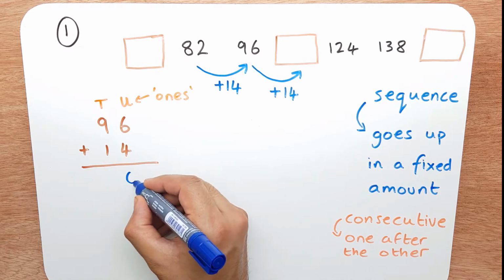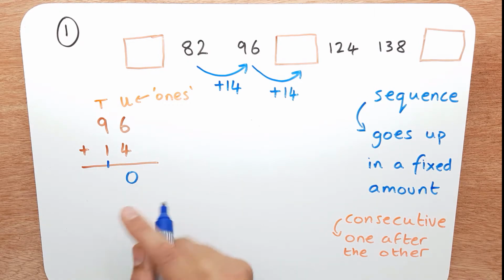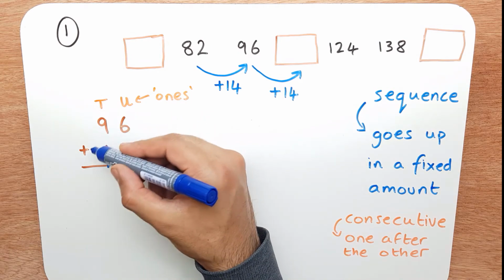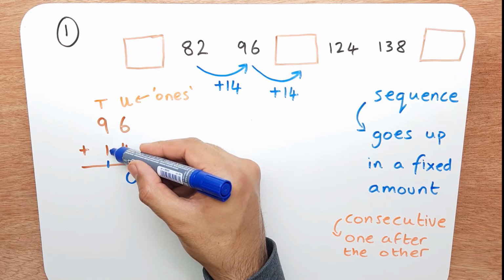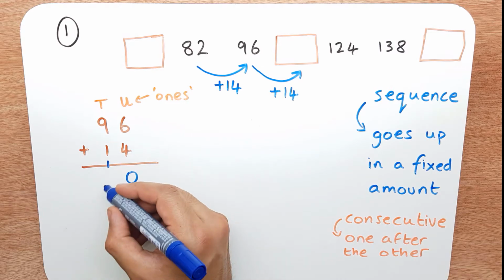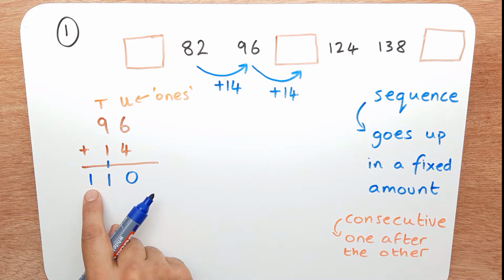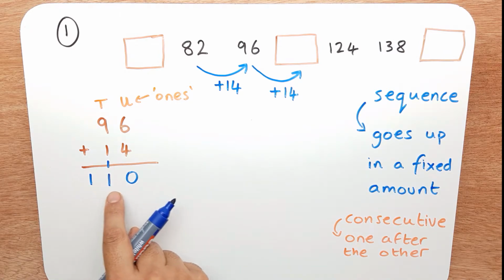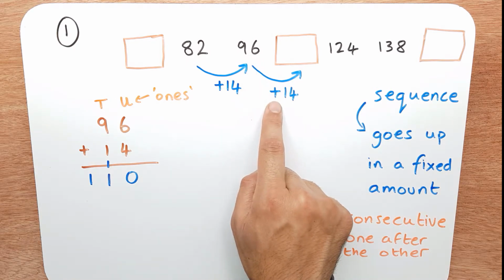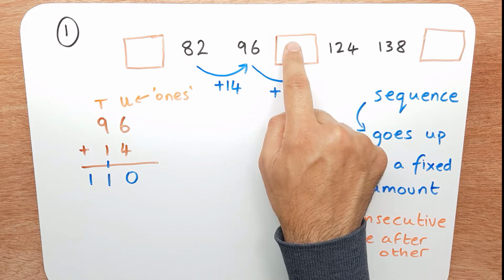So we put the 0 down, and we have to carry the 1 over to the next column, because we can't have two digits in one column. 9 add 1 is 10, add the 1 you've carried is 11. So we put the 1 down and carry the 1 over to the next column, because there's nothing else to do. So our answer is 110. So we have 96 add 14, which is 110. So I can put that number in here.